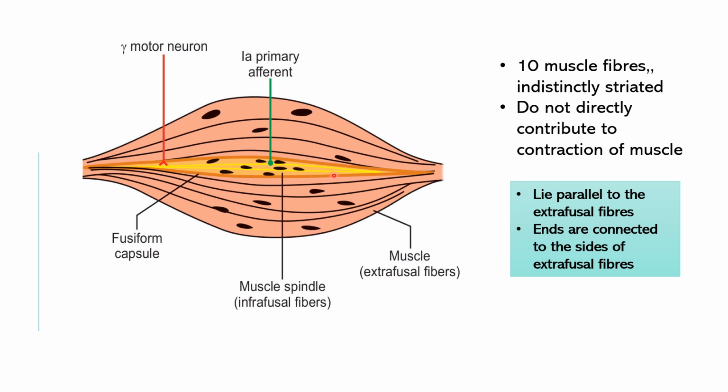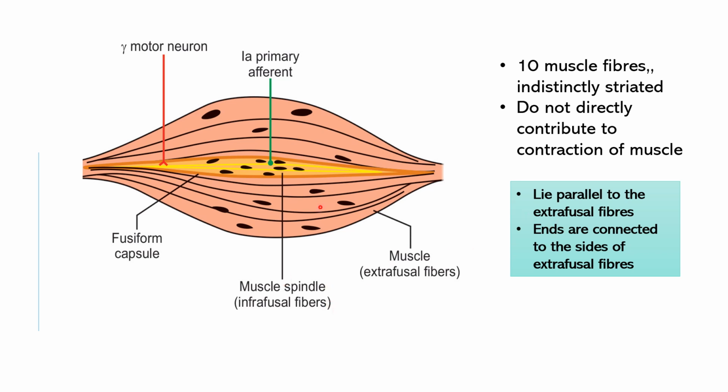These indistinctly striated muscle fibers do not directly contribute to the contraction of the muscles. They lie parallel to the other fibers. From now onward, we will call them muscle spindle or the intrafusal fibers. All the rest of the fibers are the extrafusal fibers.